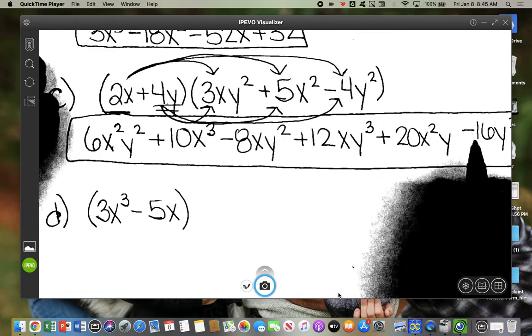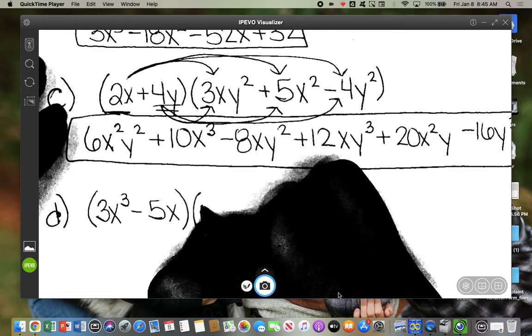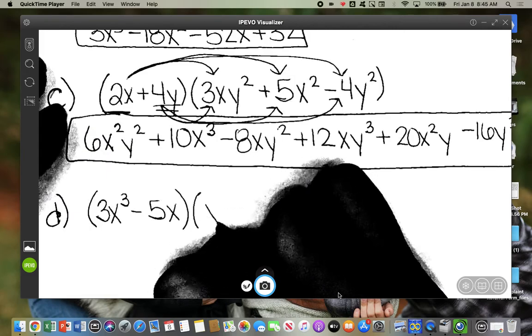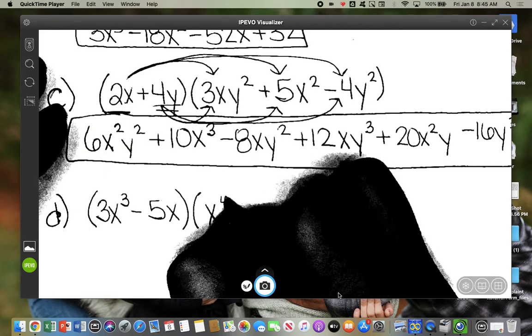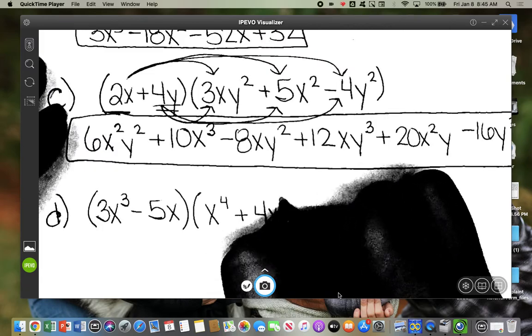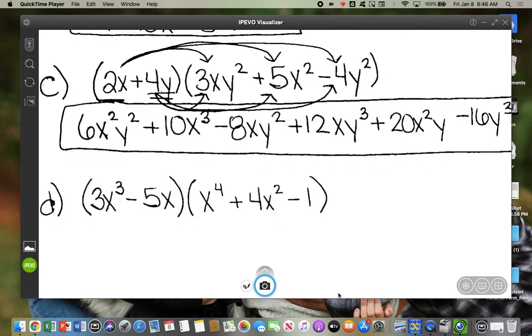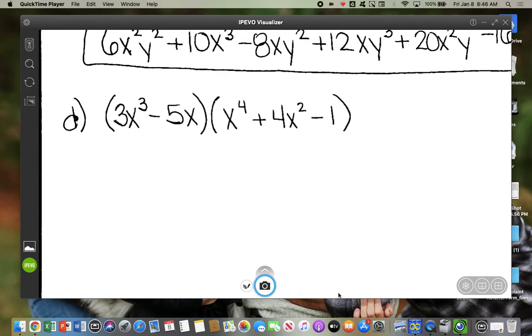This time, we'll keep the same variable. Now on this one, you will have some like terms to put together. But I'll give you guys some time to try it.